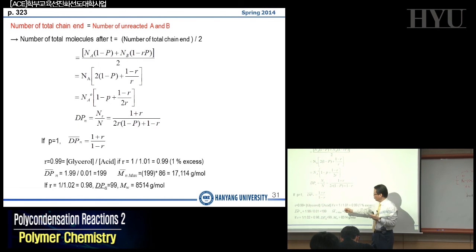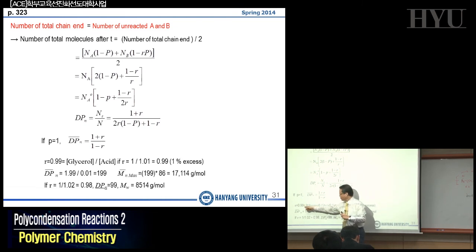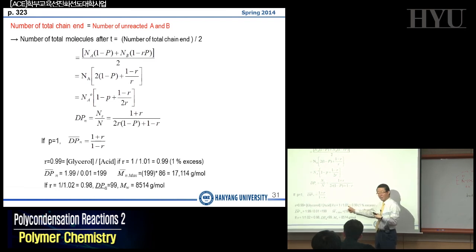However, if you have a 1% excess of one of the monomers, that means R is equal to 0.99, because if you put glycerol, the number of functional groups is equal to 1, and you have a 1% excess of acid, which is 1.01, it becomes 0.99.